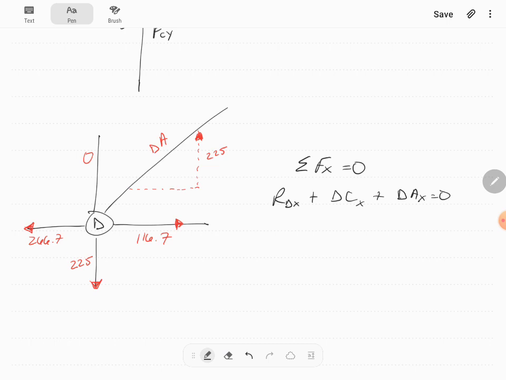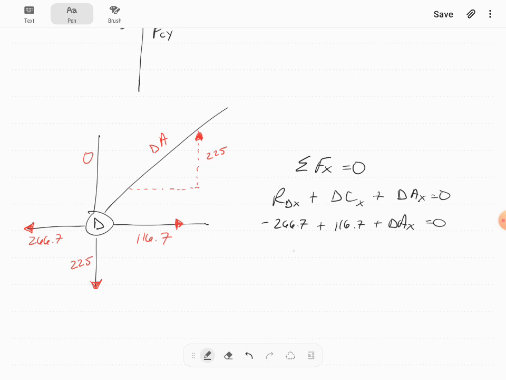What do I know? 266.7 to the left. That's negative. DCx, that's going to be 116.7 positive because it's to the right. What am I going to find out? DA's x component. Okay, so 266.7 is negative. 116.7 is positive.